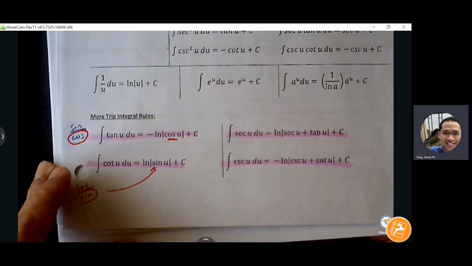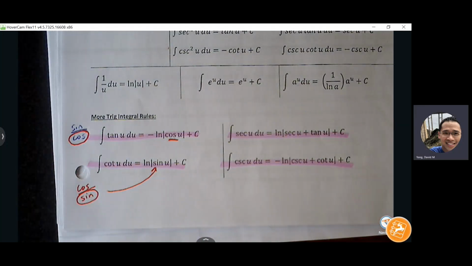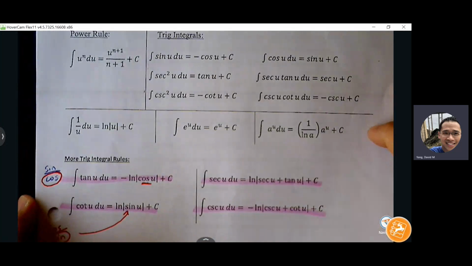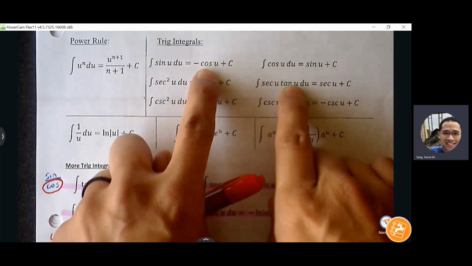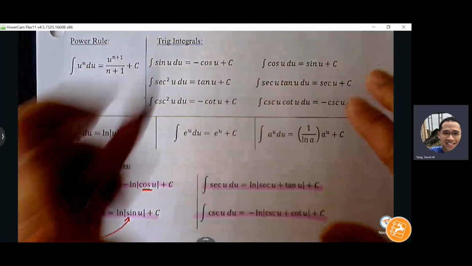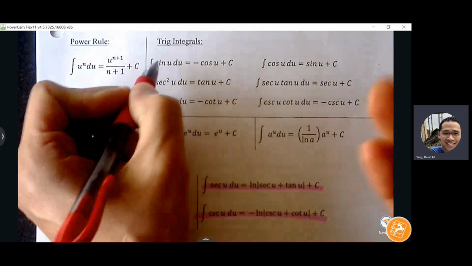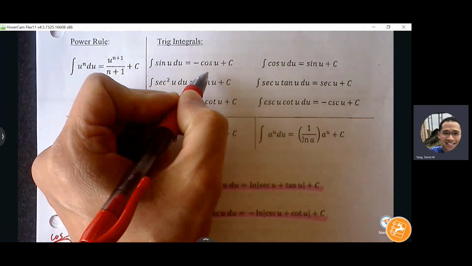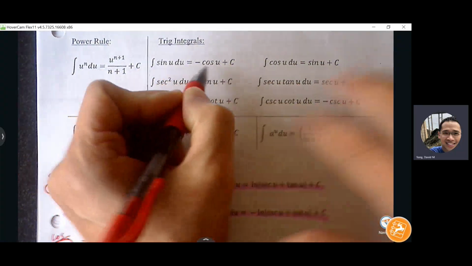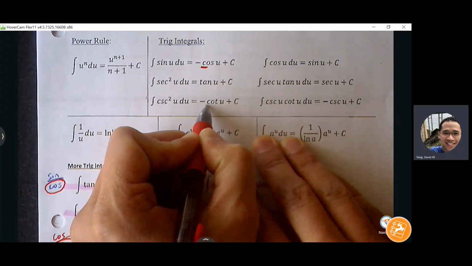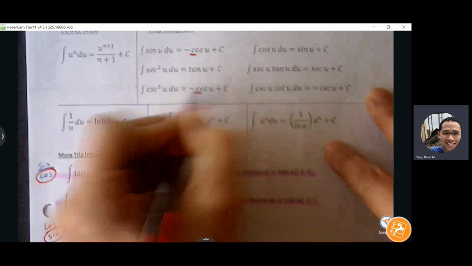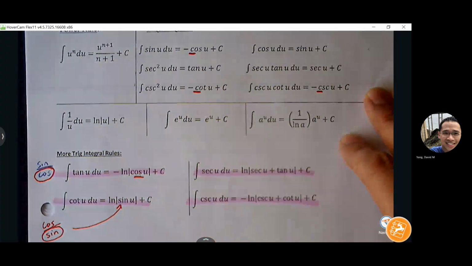And now the final thing is the negatives, right? How do we remember the negatives? I just saw this pattern that may be helpful to you. With trig integrals, you want to look at what's produced. If a trig integral rule produces an antiderivative that has a c near the beginning, then that is what's going to have a negative in front. Now derivative is a little bit different, right?